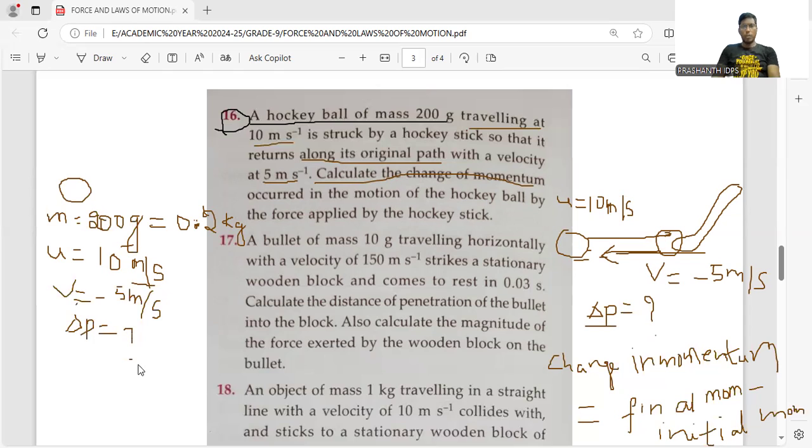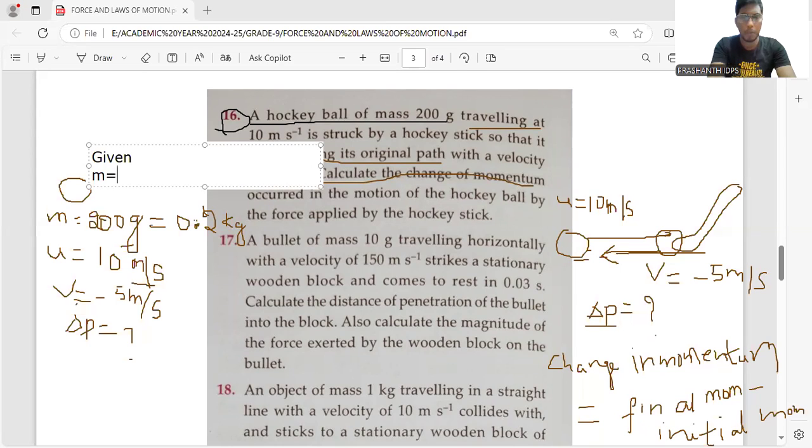In any numerical, first you try to understand the question, as I already explained, and many times I told you in the beginning, first we should write the given values. I am writing the given values. Given m is equal to 200 gram, which is equal to 0.2 kg.